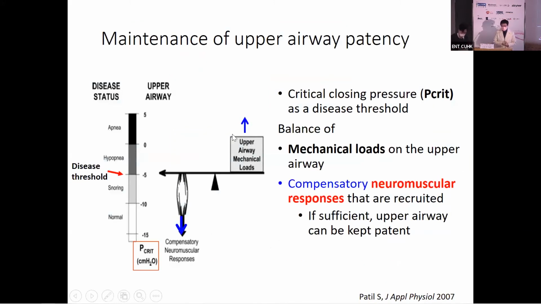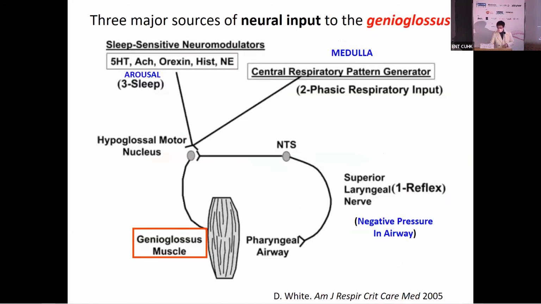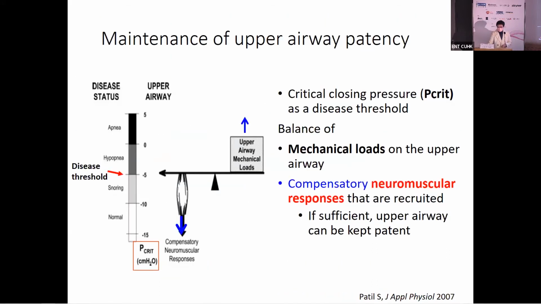Right. So back to the physiology. To keep the upper airway patent, there's this thing called critical closing pressure. If the upper airway mechanical load is heavy, it will tip the balance off, and then the patient's critical closing pressure is very high.